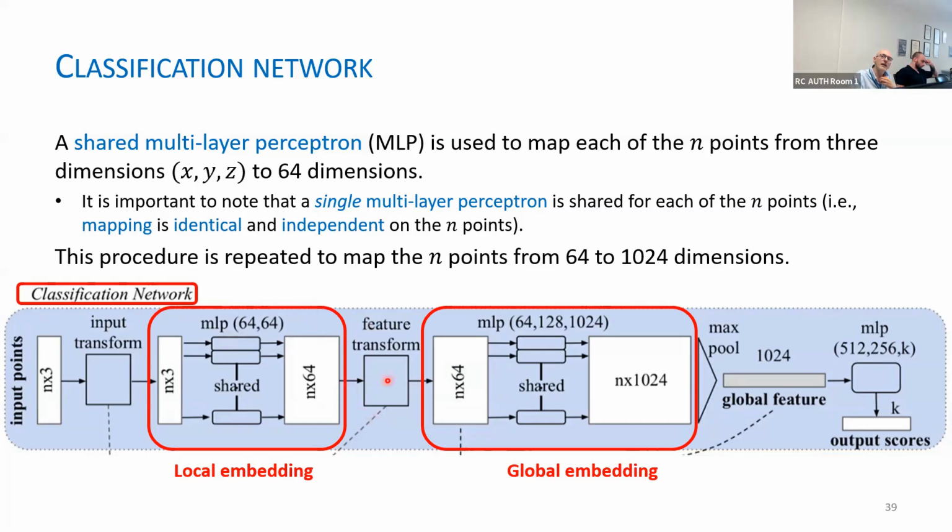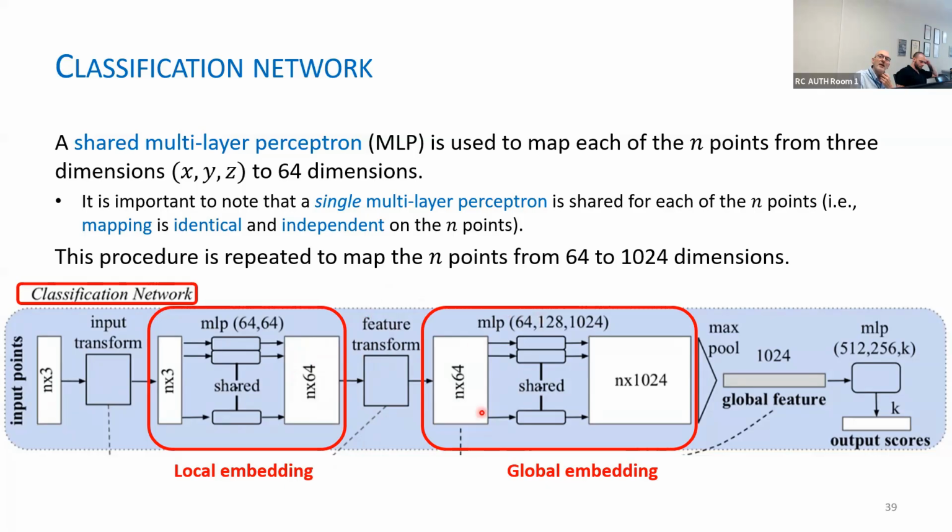Then we have another transformation that is similar to the input one, but in this case, this transformation tries to normalize the position of the points in the feature space. So here we try to normalize with respect to translation and rotation in the input space. Here, this network tries to do the same in the transformed space with dimensionality 64.